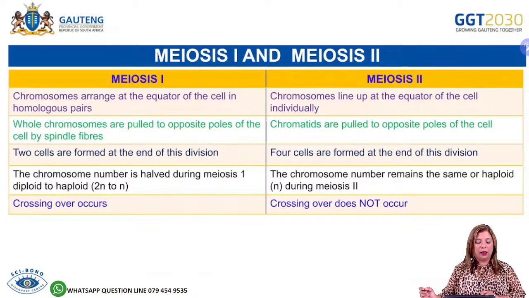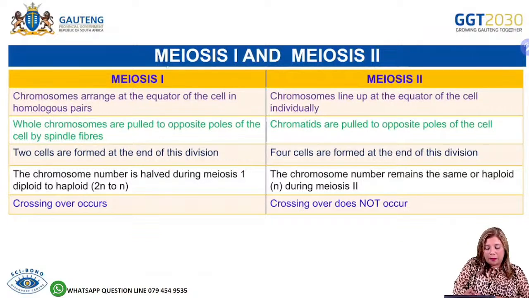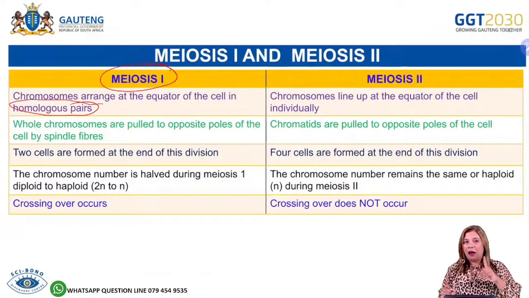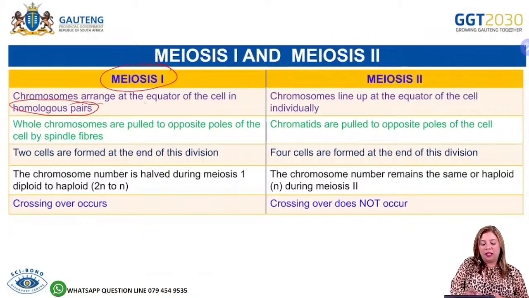Let us see why. In meiosis 1, chromosomes arrange at the equator in homologous pairs. While I'm talking about the comparison, I want you to guess which phase of meiosis it is, okay? Chromosomes arrange along the equator. The equator is the middle, remember? Meta is middle.